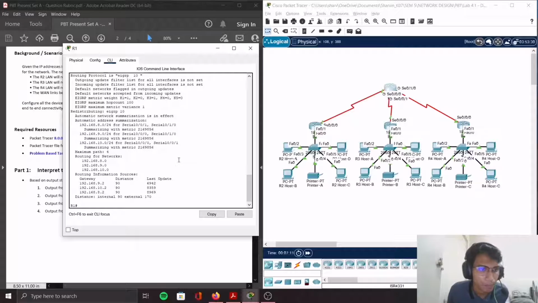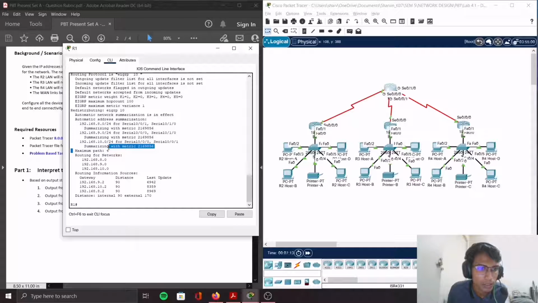You can see the maximum path is 4 for the routing in R1, and the routing information sources are the IPs of serial interface 0/0/0, which is for R2, this gateway for R3, and this gateway for R4.